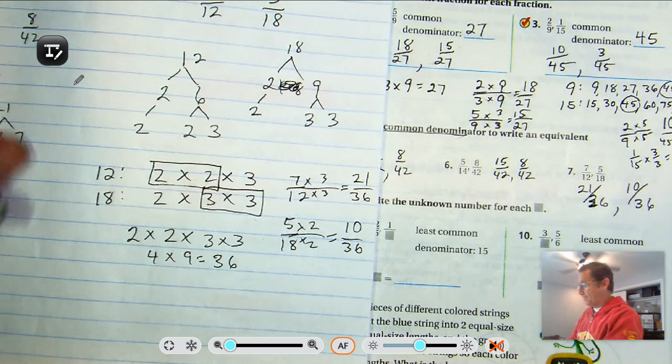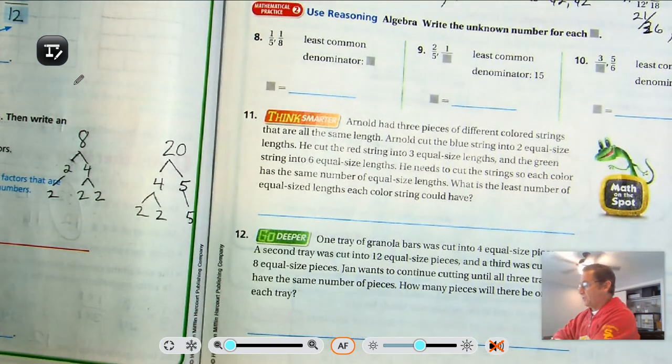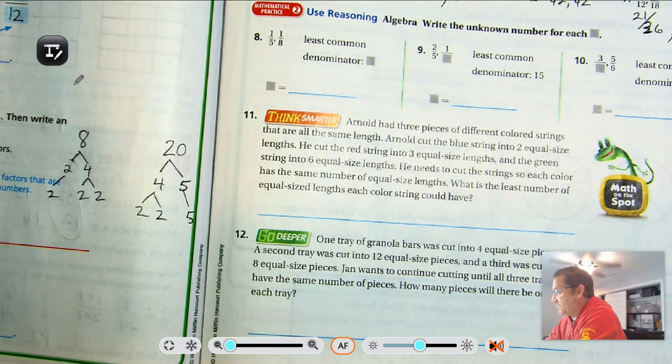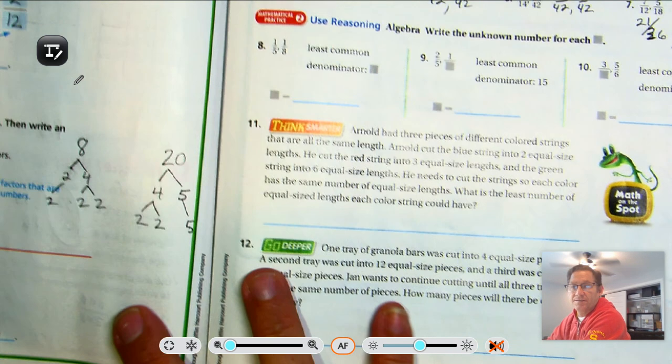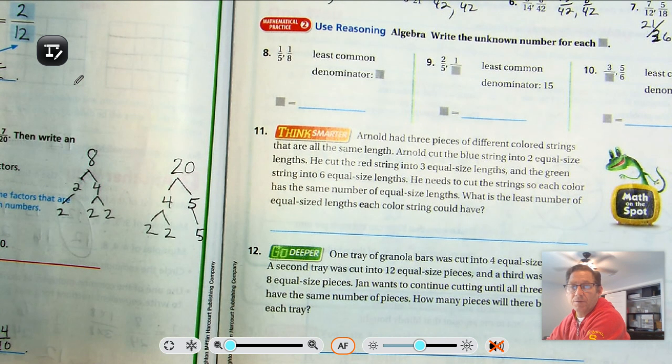All right. Number 8. Use reasoning in the area of algebra and write the unknown number for each unknown box. So we want the least common denominator for 1/5 and 1/8.